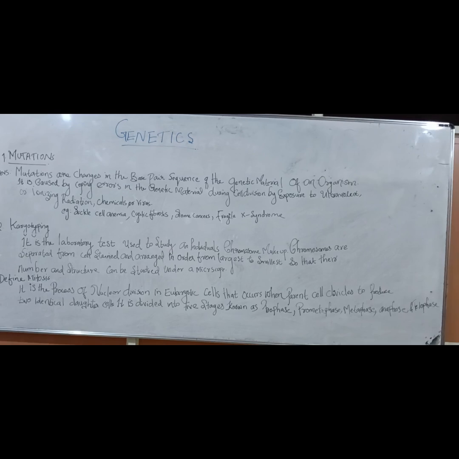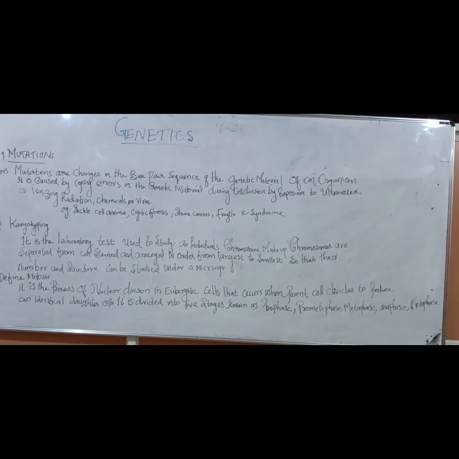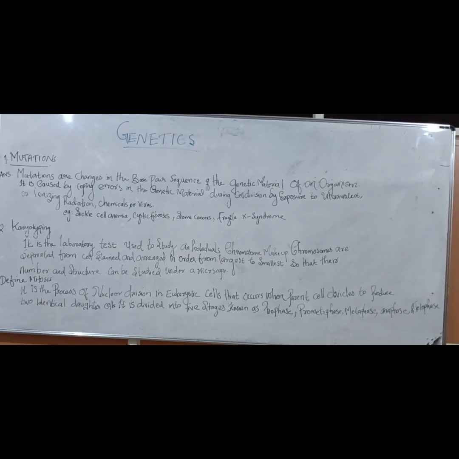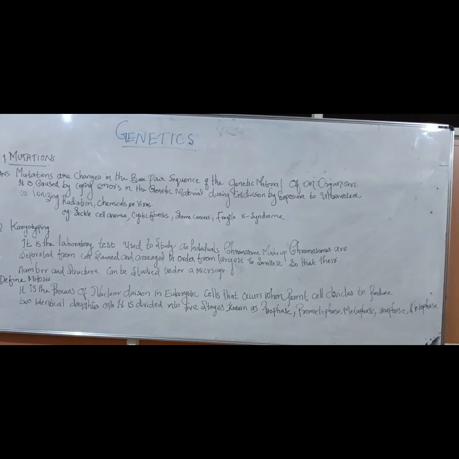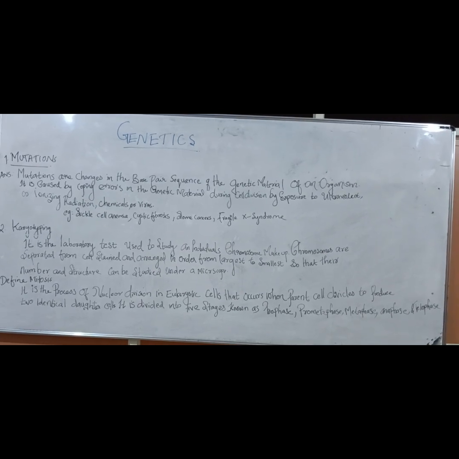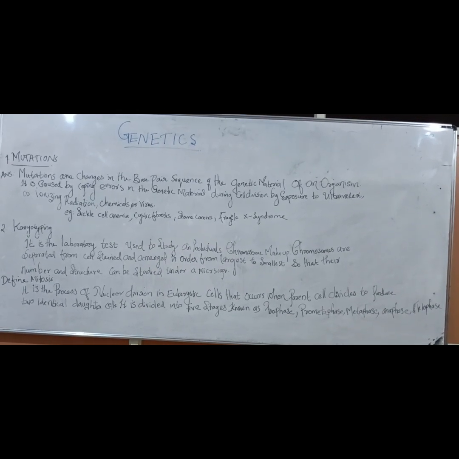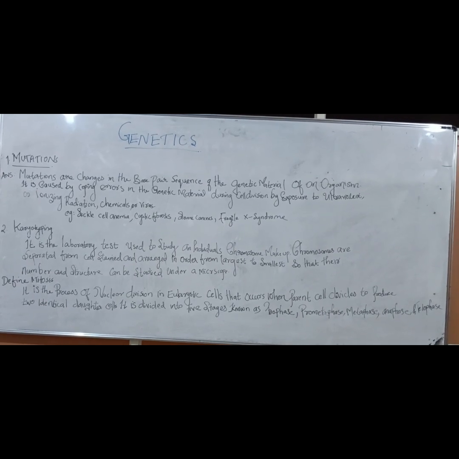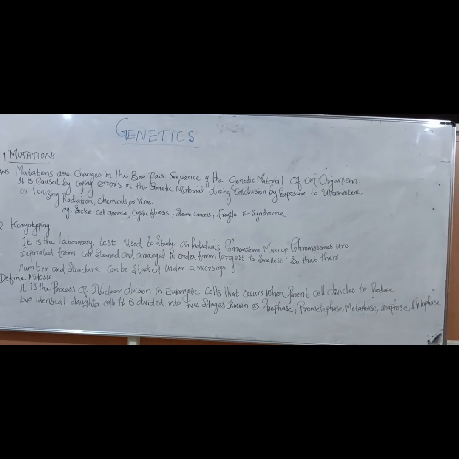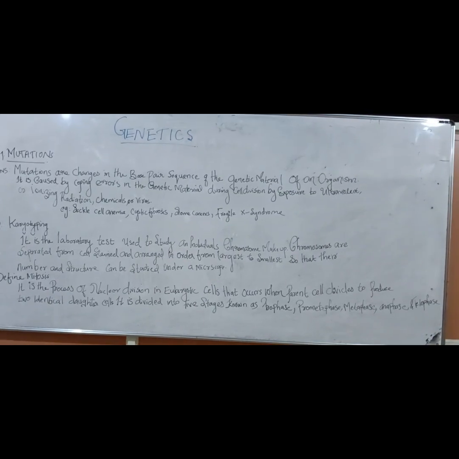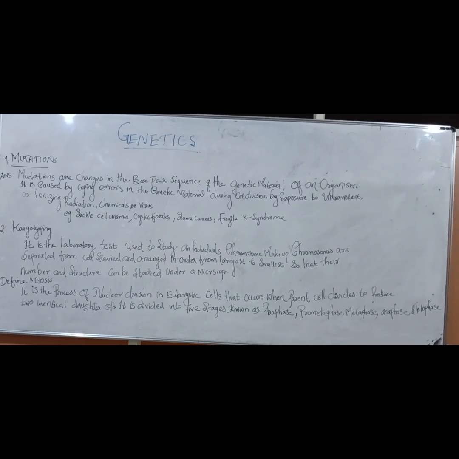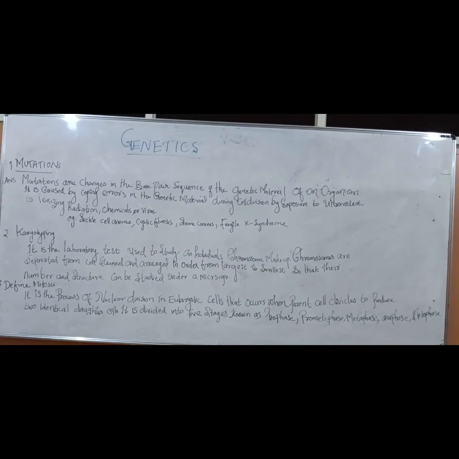In this test, chromosomes are separated from the cell, stained, and arranged in order from largest to smallest so that their number and structure can be studied under a microscope. So that is about karyotyping.